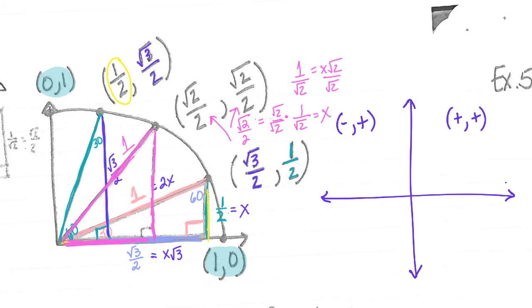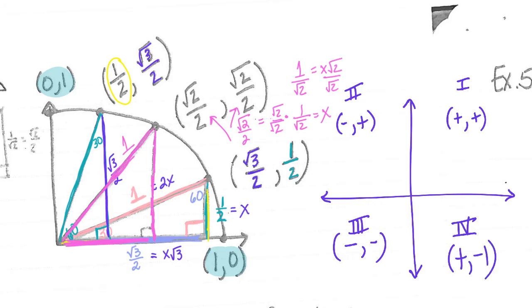When I go down to the third quadrant, I have negative, negative. So first quadrant, second quadrant, third quadrant. And our fourth quadrant is going to be positive, negative. So the first thing you want to look at is location, location, location, and then see whether it's a 30, 45, or 60 degree angle. Our non-angle angles will be at all the points that actually touch my 0, 90, 180, 270, 360.